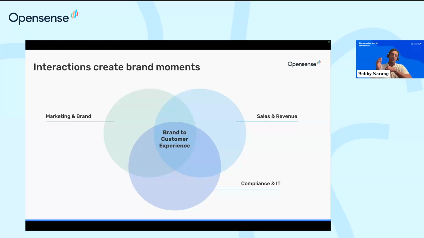So when they initiate a phone call, it's at the right time and they're talking about the right things. And they're able to close more business because they're meeting the customer where they want to be. And that's an example of where another interaction results in a positive brand moment and ultimately drives a positive business outcome.